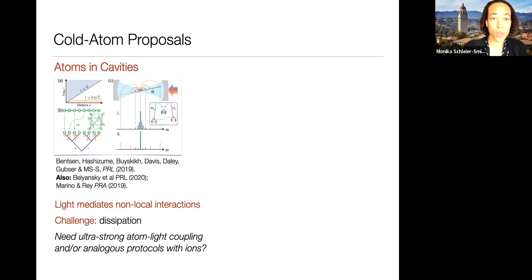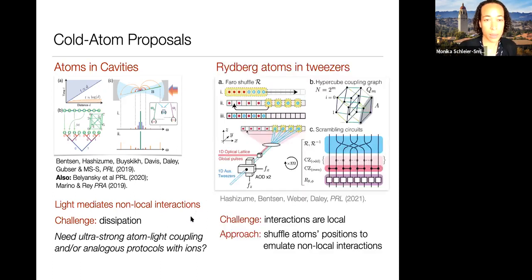The other thing one can do is ask, can you extend some of these ideas to other physical platforms? For example, the trapped ion platforms are somewhat analogous. Phonons mediate the interactions, and the ability to have coherent interactions between individual qubits is so far better in the trapped ion platforms. So some of these ideas can be extended to the trapped ion platforms.